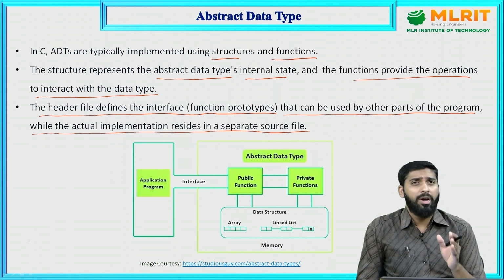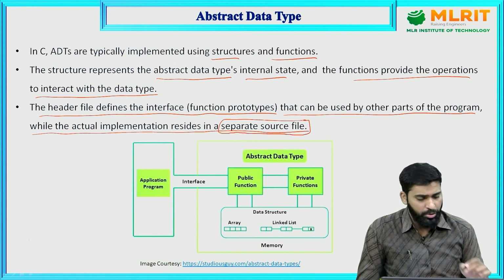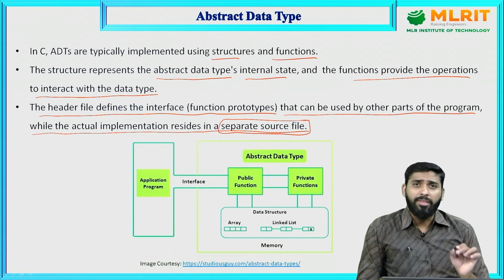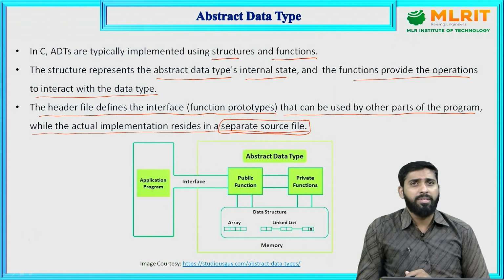So these operation implementations we store in one separate source file. This separate source file can be accessed with the help of one interface. By using this interface, the application program will access or use this abstract data type.